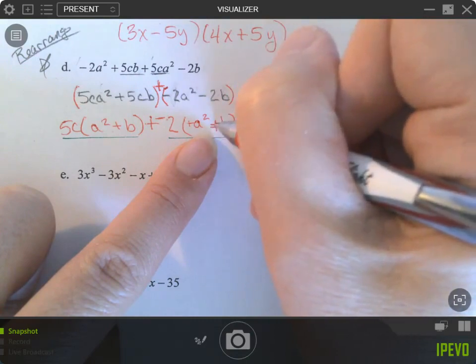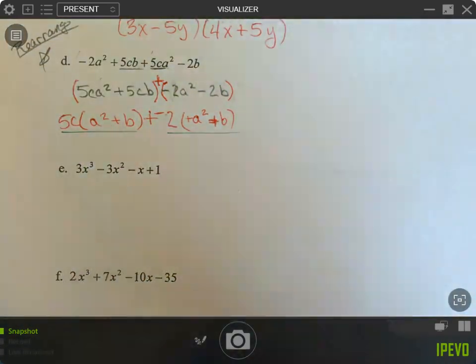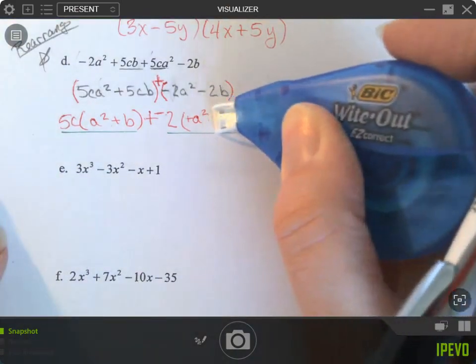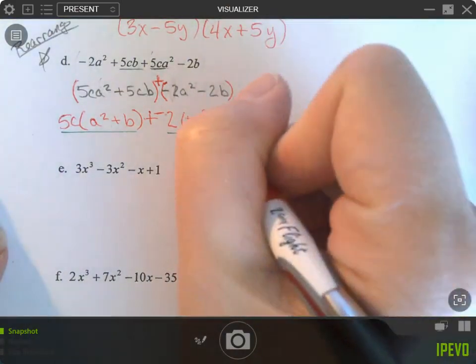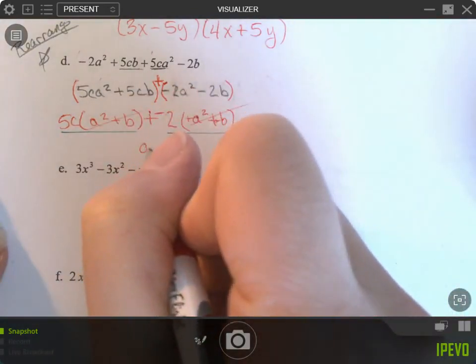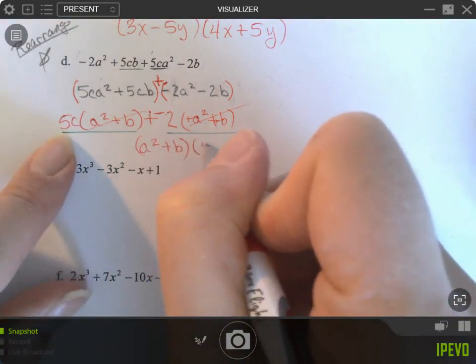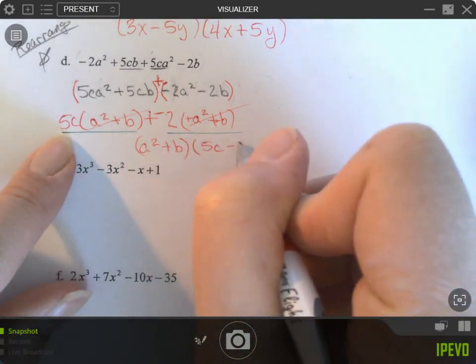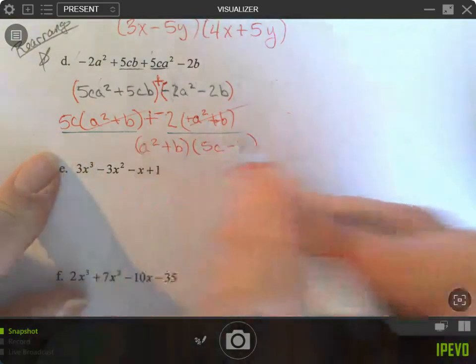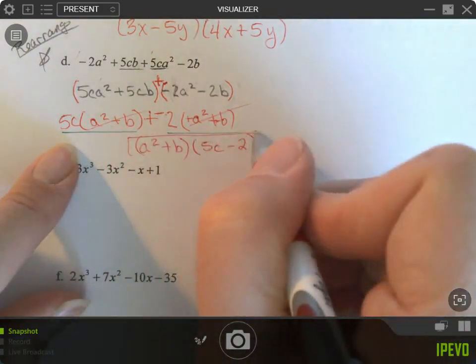So signs are going to be important here. And now that we have that, now is it the same what's in parentheses? It is. So what they have in common is that a squared plus b, and what they have left over is 5c minus 2. All right, am I good?